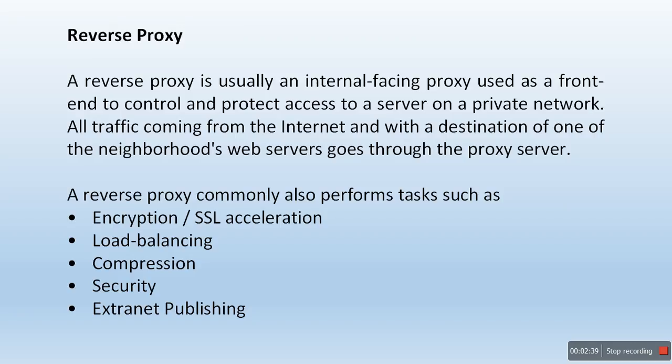The other main type of proxy is a reverse proxy. It usually faces inwards to a private network and is used as a front end to permit, control, and protect access to services on an internal server. All traffic from the internet destined for a server on the private network must go through this reverse proxy.